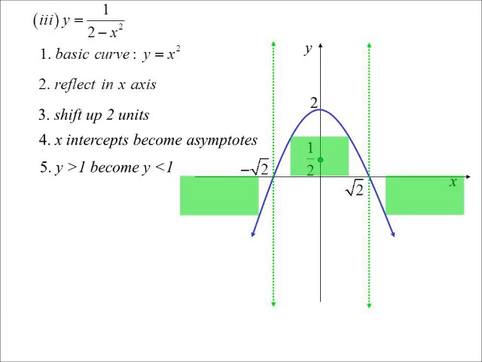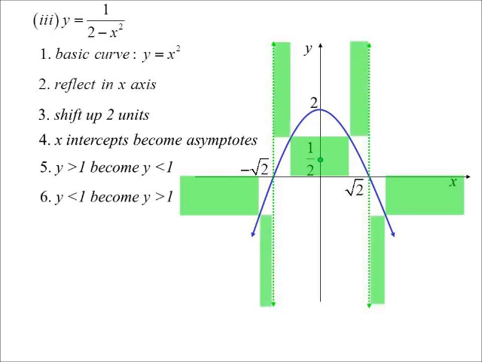What I've done there is I've shaded in the region for y is less than 1. So think of the top of that green rectangle there as where y equals 1. And what I'm saying is, whenever that parabola is above, it will become below, and whenever it is below, it'll become above.